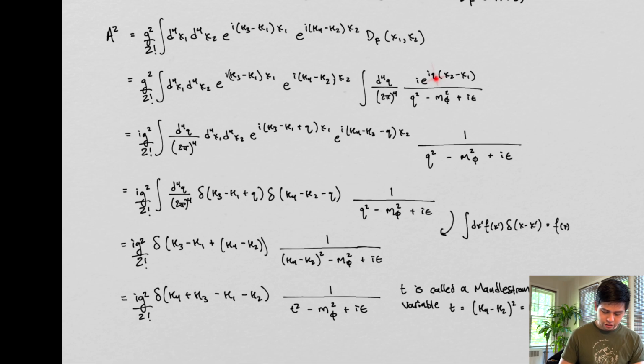We then take the Q, distribute it across these two guys, and then distribute it within these two guys. Right, so that we get these two exponentials. Okay. And then this integral, right, so this 2 pi to the 4th gets moved over.